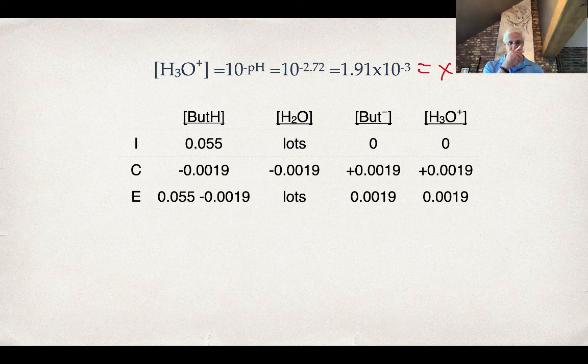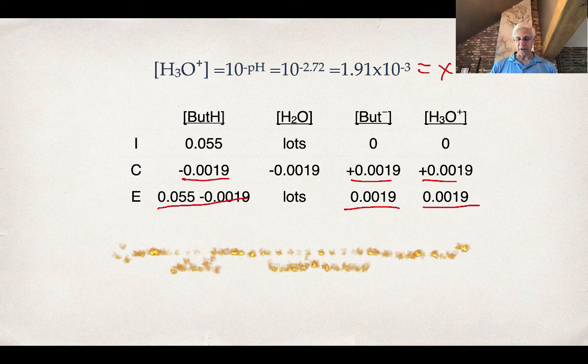So now I can take my ICE box, and wherever I had an X, I can plug in that value of 1.91 times 10 to the minus 3. So I have minus 0.0019 there, plus 0.0019 there, plus 0.0019 there. And so now I have my concentration of butanoic acid, my concentration of butanoate, and my concentration of H3O plus.